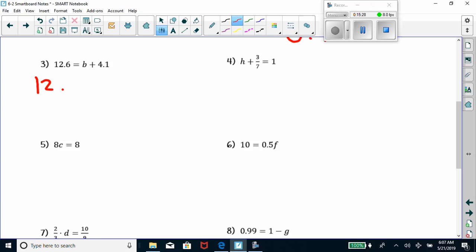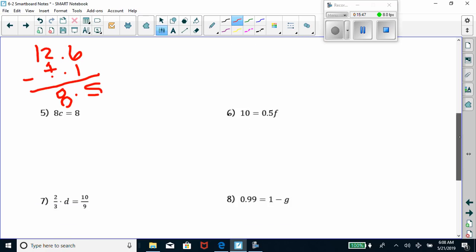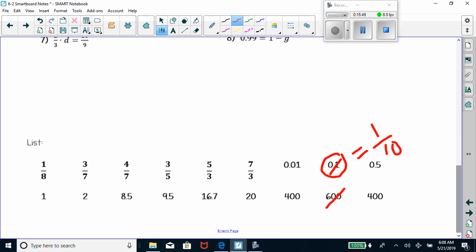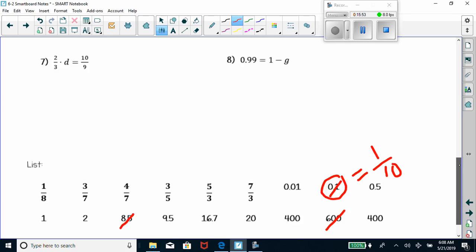So 12.6 minus 4.1. 6 minus 1 is 5. Decimal moves straight down. And 12 minus 4 is 8. So my solution should be 8.5. And there it is.